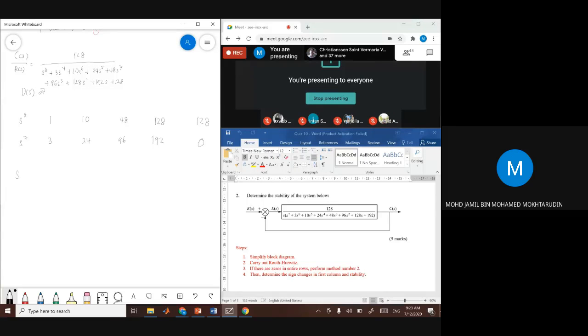Oh, there is a calculator. So you get 2, and then S5.